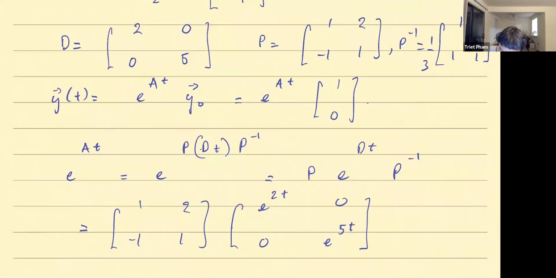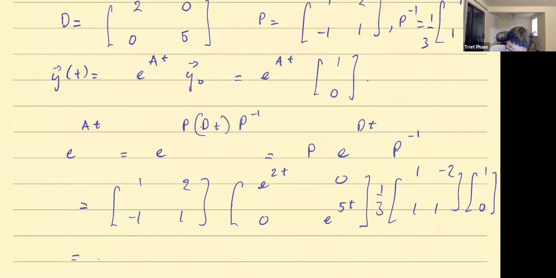So you would multiply this with 1/3 times 1, -2, 1, 1, and finally with 1, 0. Now I claim that if you calculate all this out, when all the dust settles, you'll get exactly the solution you get from part B of the exam.